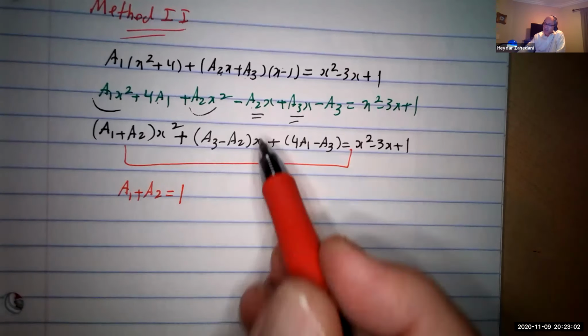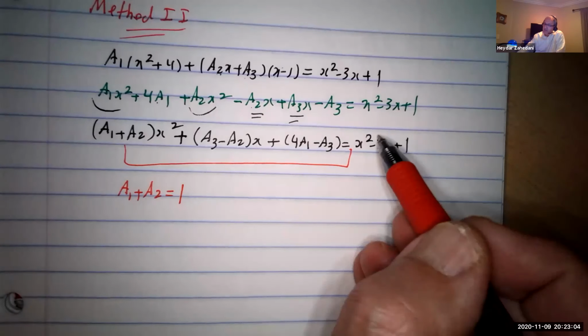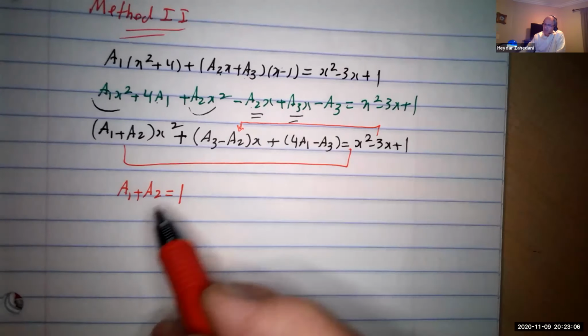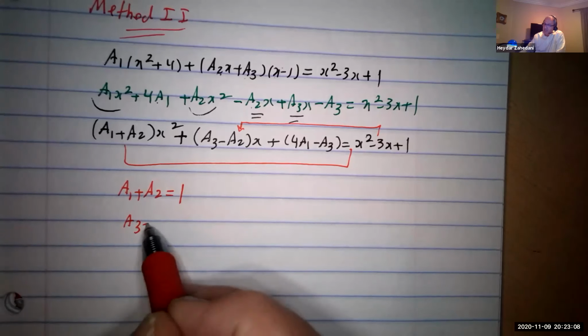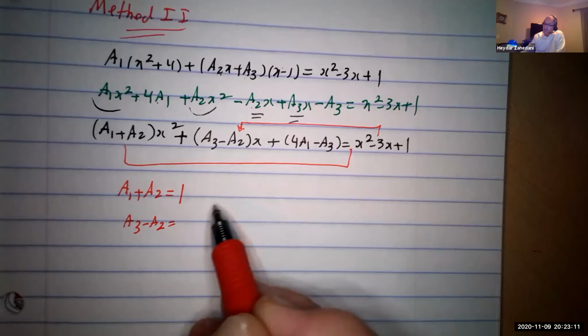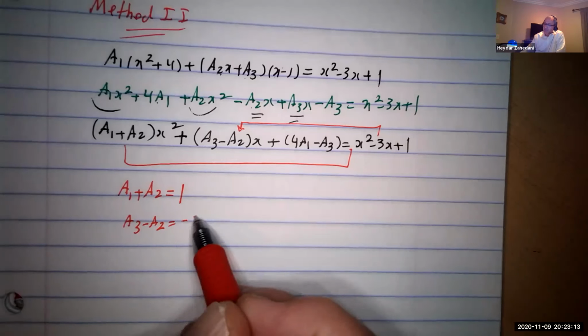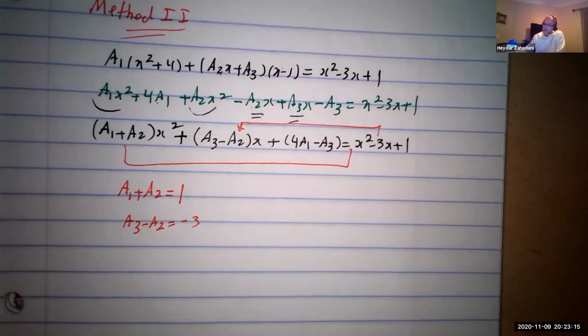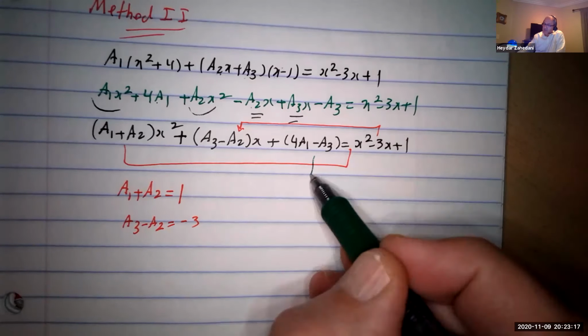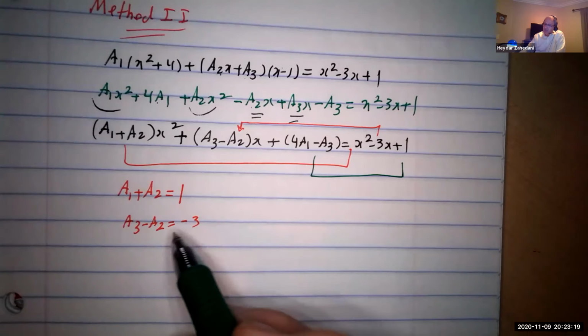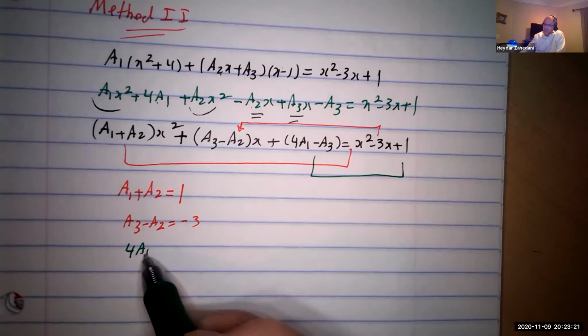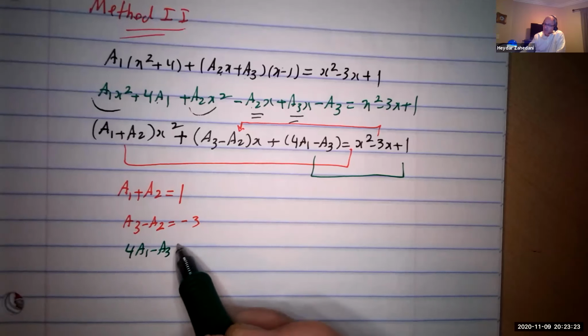Then these two must be the same. So a3 minus a2 must be equal to negative 3. And finally, these two must be the same. So that's 4a1 minus a3 equal to 1. You see?